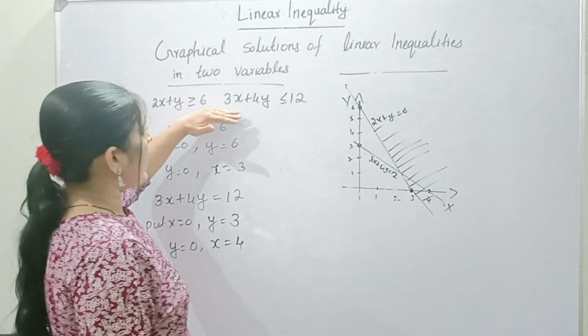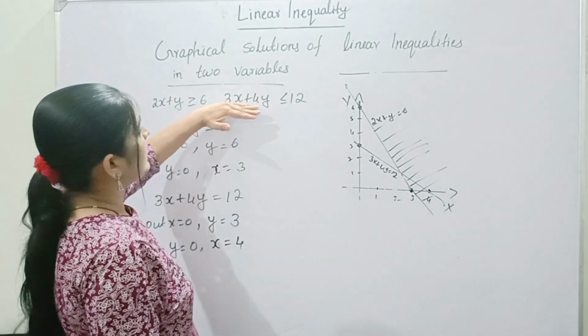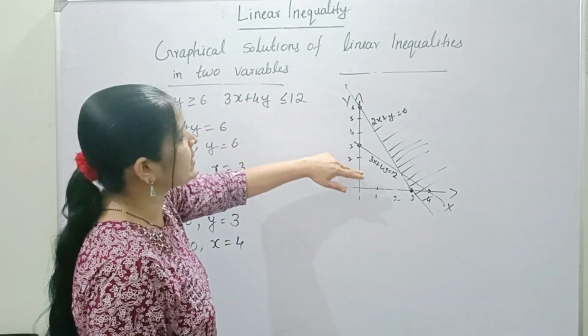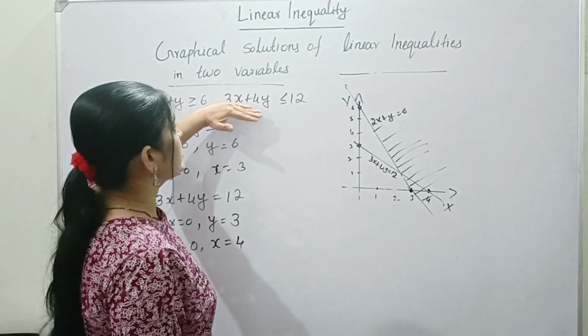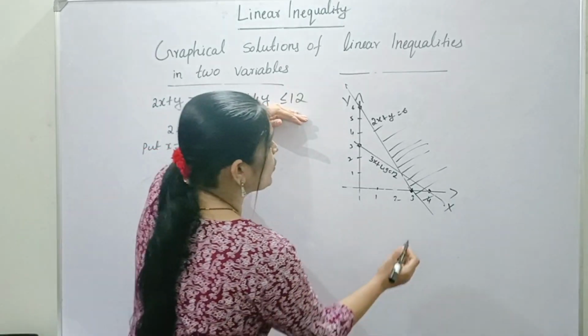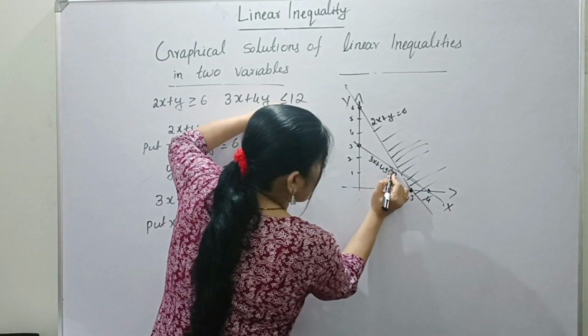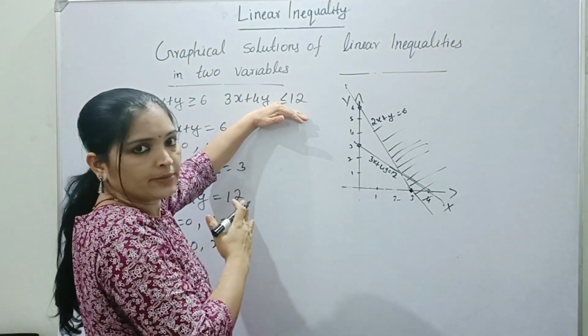And next, the inequality 3x + 4y ≤ 12. It is less than or equal to 12, which means towards the origin, right?